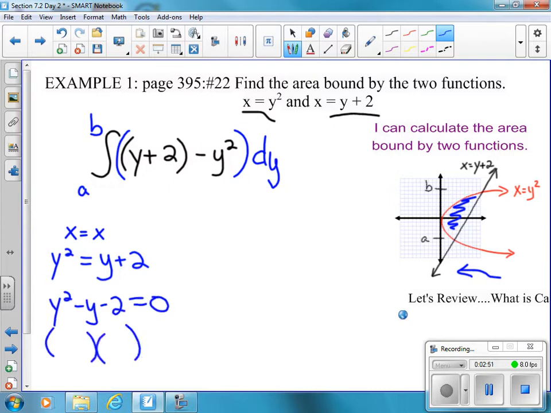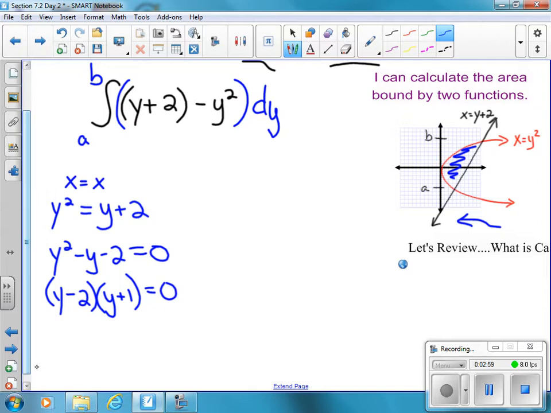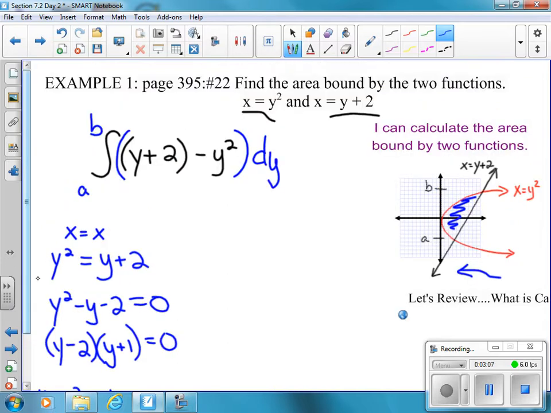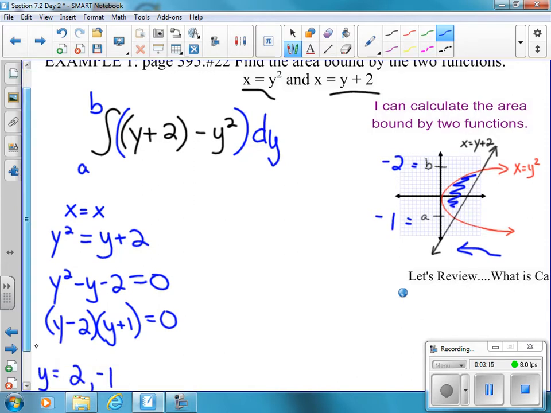You factor: y minus 2, y plus 1 equals 0. You find out that our function is actually going from y equals negative 1 to y equals 2. So that's what the a and the b will be. A is negative 1, b is 2. And those are the y values.